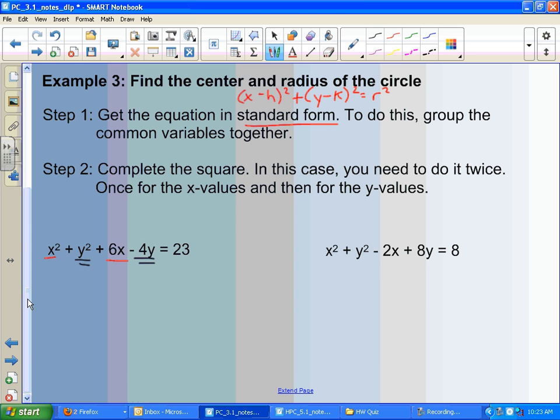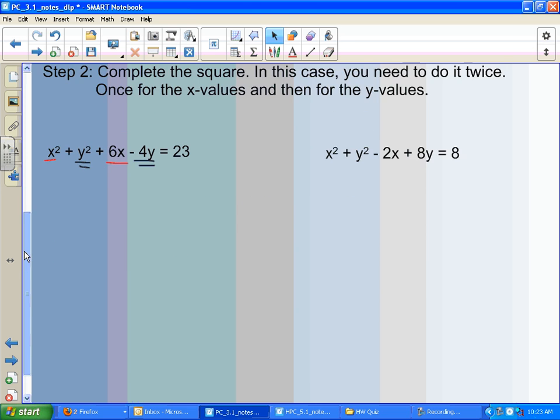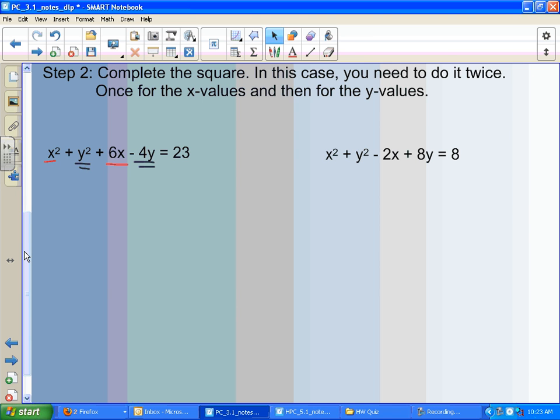So let's see if we can refresh our memory here on completing the square. You get an opportunity to do it twice for each of these problems, so you're going to be good at this by the time we're done with circles. Okay, so let's look at x squared and 6x, and we're going to complete the square on this. So right now I've got a 23 that's hanging out over here.